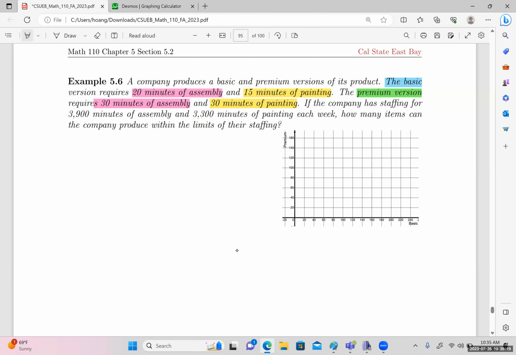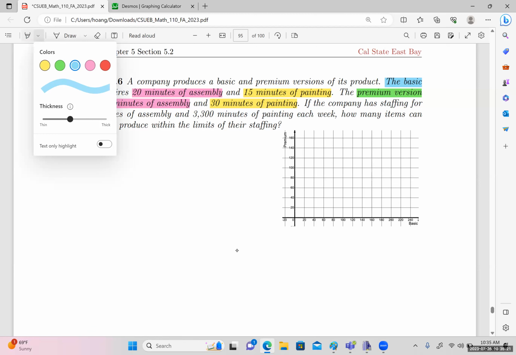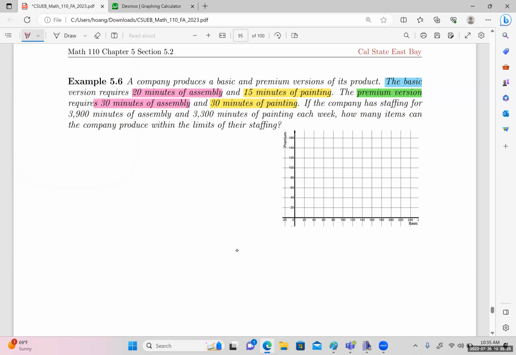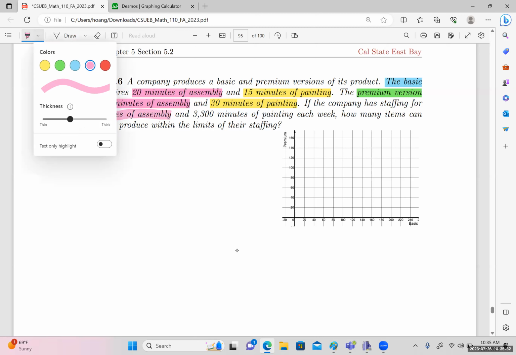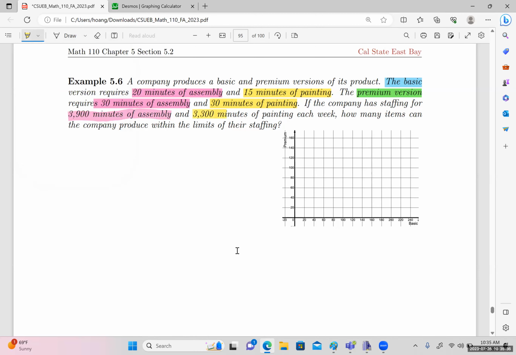So what else do we have? The company has staffing for 3,900 minutes of assembly and 33 minutes of painting each week.